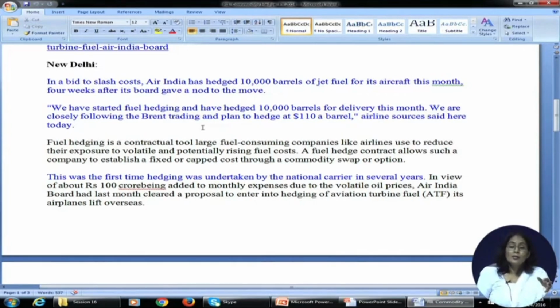But let's consider the case had it been the other way around, that is, if crude oil prices had gone up to $175 or $160, then it would have given a substantial benefit to Air India. Of course, at this point of time, even if Air India may be incurring a loss by entering into a futures contract at a very high price, it is benefiting from the lesser crude oil or ATF price prevailing now.